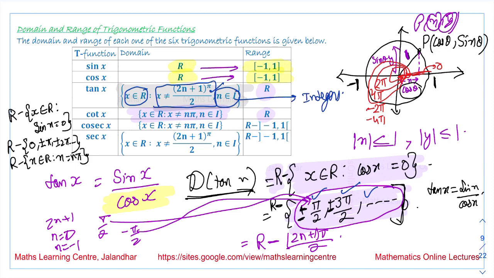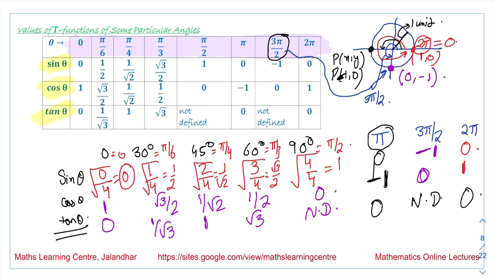So if we substitute different values of x here, or you can just look at the table that we have already written, the value of tan for 0 is 0, then it is 1 by root 3, then it is 1, then it is square root 3.